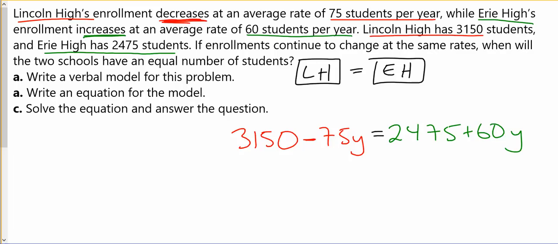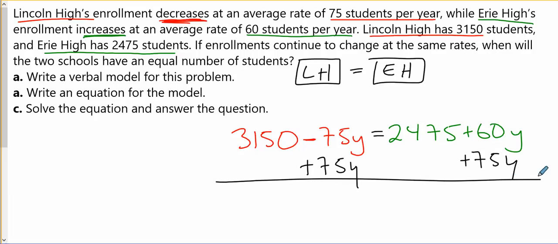So what are we going to do? I look at this and I say, let's move my y's to the right side because that'll keep them positive. So I have 75 and 60 that I'm adding together. And if I'm moving my variables to the right side, I want to move my constants to the left, so I'm going to subtract 2,475 from both sides.